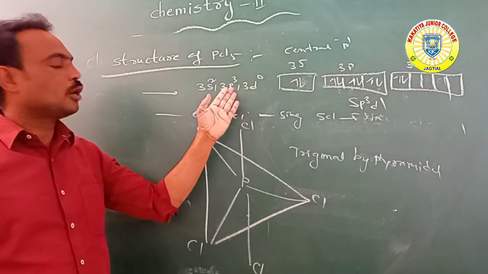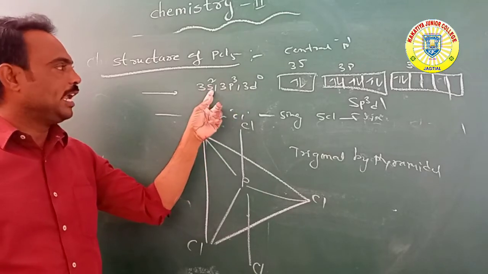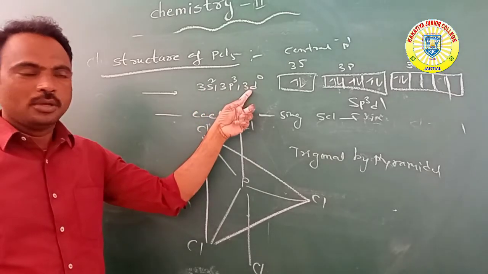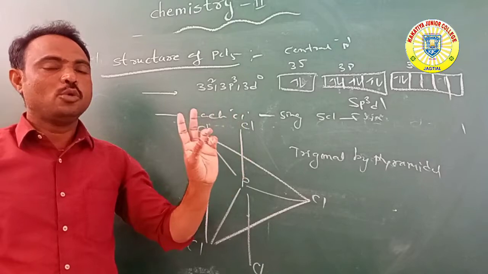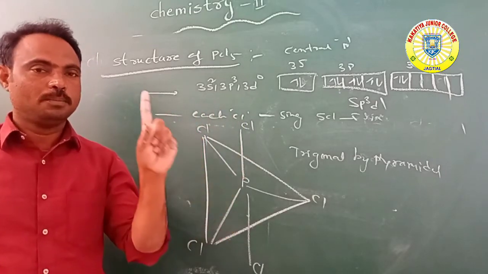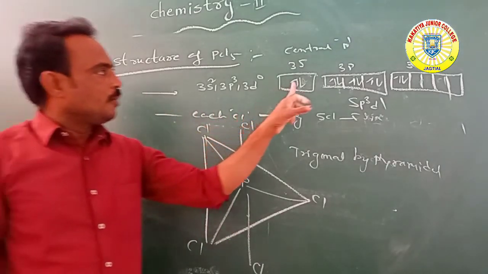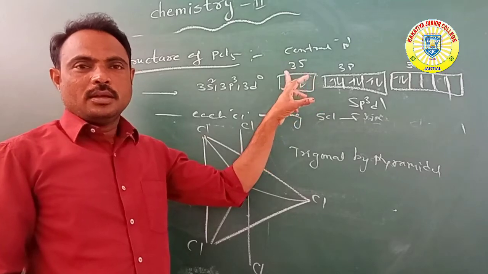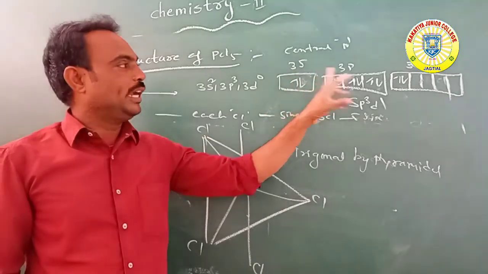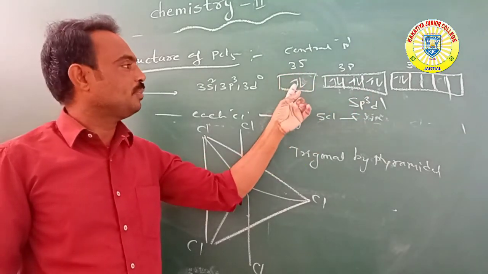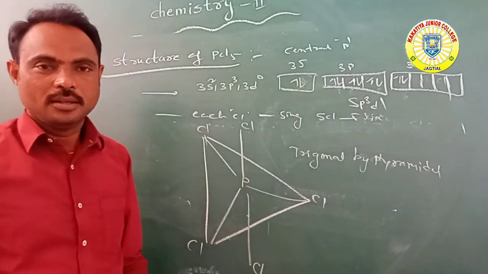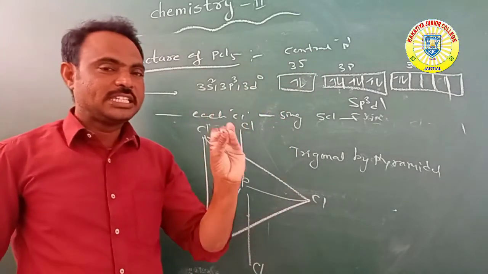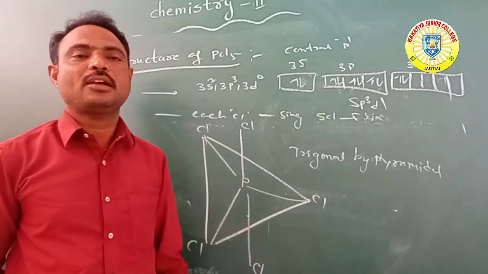What is the ground state electron configuration? 3s2, 3p3, 3d0. So in the ground state it contains only 3 single electrons and 1 pair. 1 electron is jumped from the 3s orbital to the 3d orbital. So in the excited state it contains 5 single electrons.